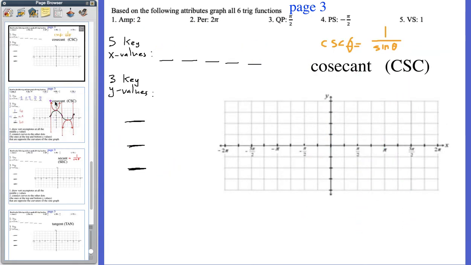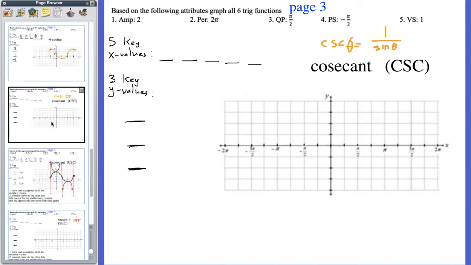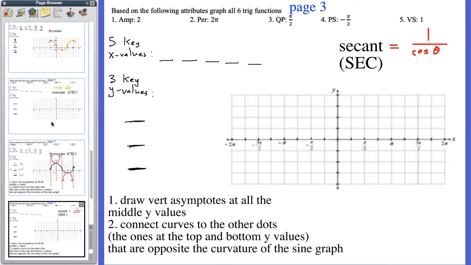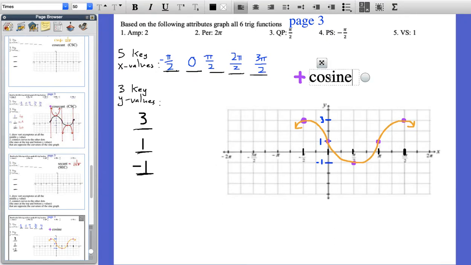So instead of redrawing cosine, I'm just going to bring the one in I've already done. So our secant curve, we're going to change this into a secant rather than a cosine. And remember, secant is abbreviated SEC, like the conference.